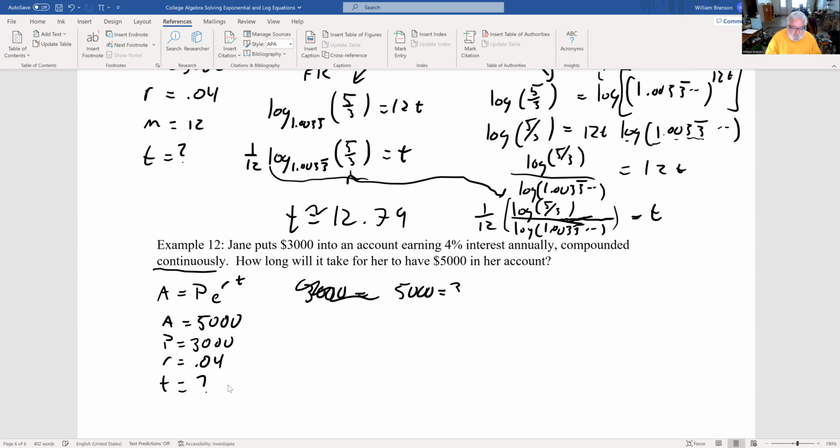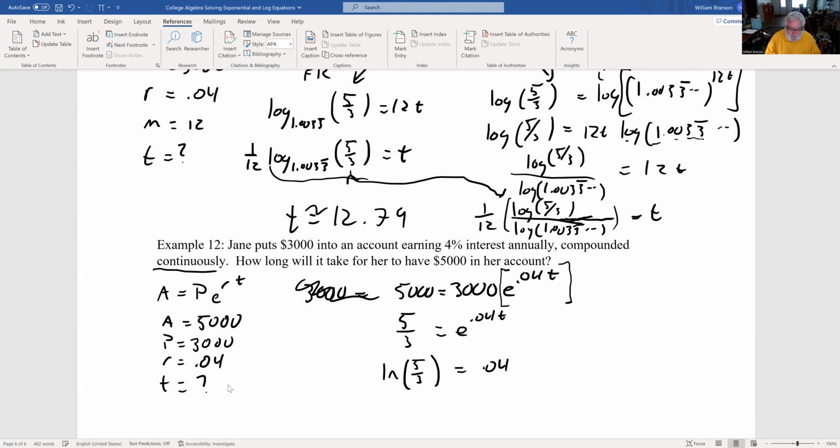5,000 equals 3,000 e to the 0.04t. And again, to do the fundamental rule, we have to isolate the exponential term first. So we'll divide both sides by 3,000. 5/3 equals e to the 0.04t. And now we like this very much because if we use the fundamental rule, we get log base e, which is ln, of 5/3 equals 0.04t.